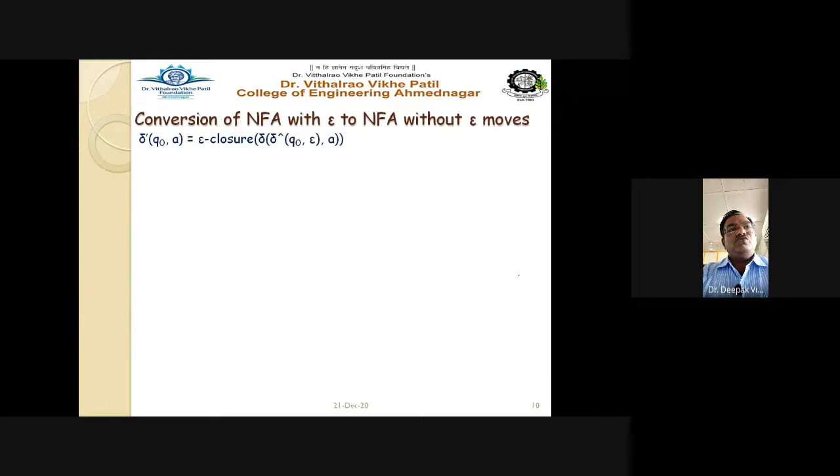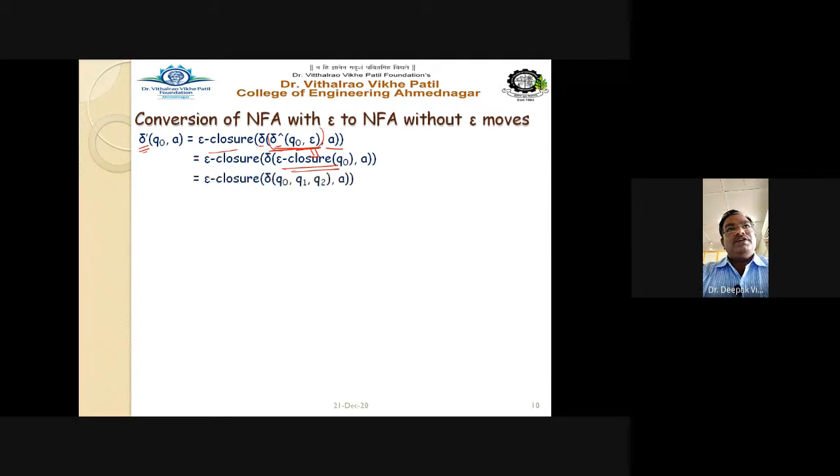Delta dash of Q0 comma A. Remember we are finding the delta dash transitions, which equals E closure of delta cap of Q0 comma epsilon comma A. What is delta cap of Q0 epsilon? It is nothing but E closure of Q0, and the value of E closure of Q0 is Q0, Q1, Q2.